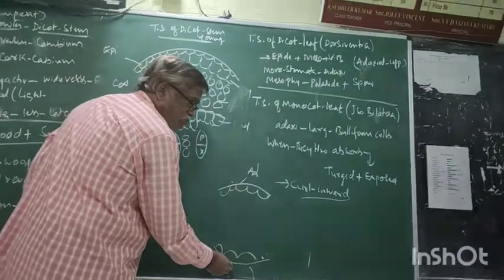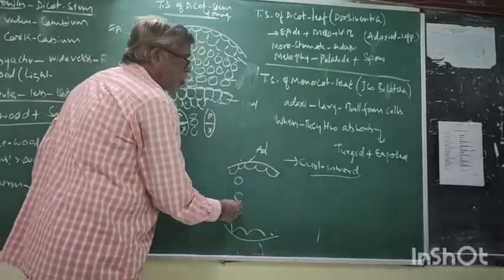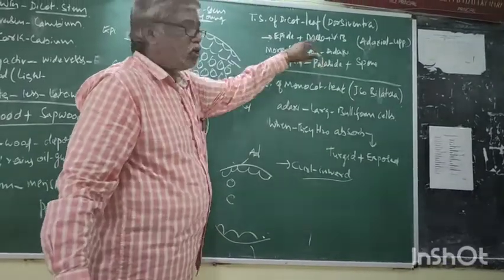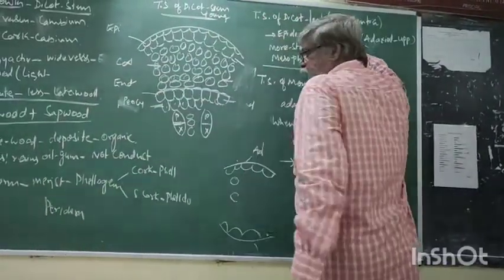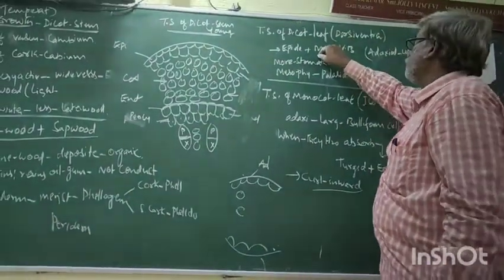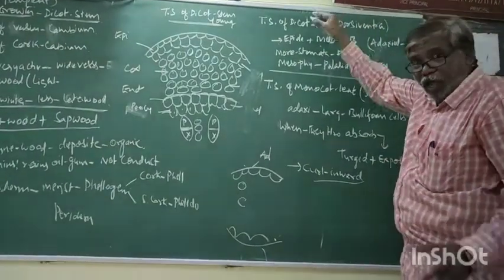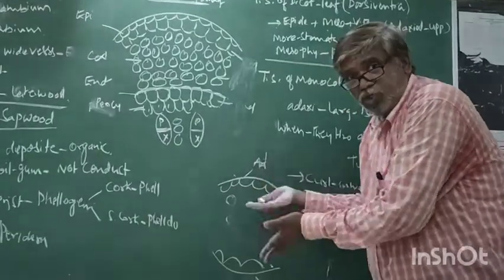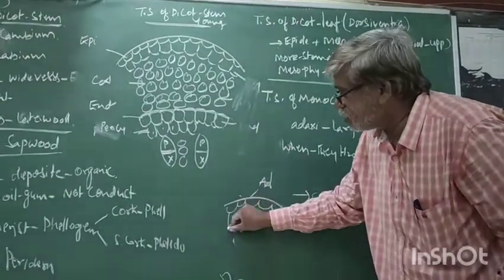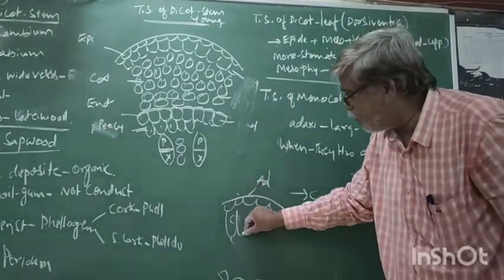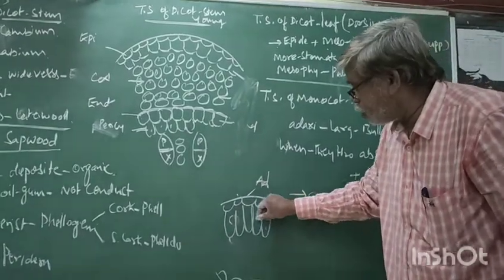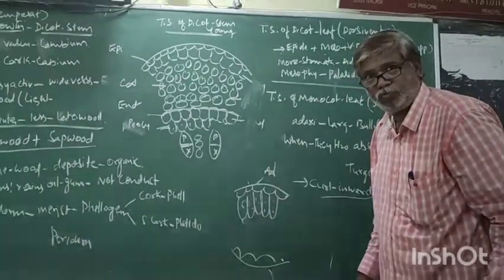Between the adaxial and abaxial epidermis, another tissue is there that is called the mesophyll. The mesophyll tissue in dicots is differentiated. Towards the adaxial side, the cells are cylindrical and compact, without intercellular space, and contain chloroplasts.